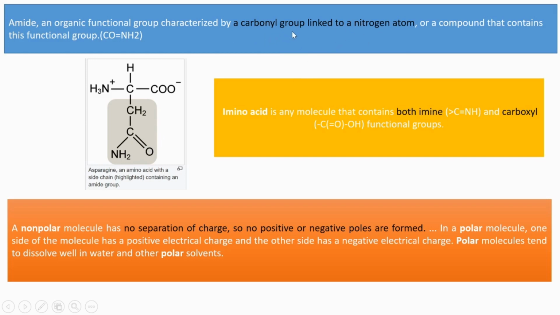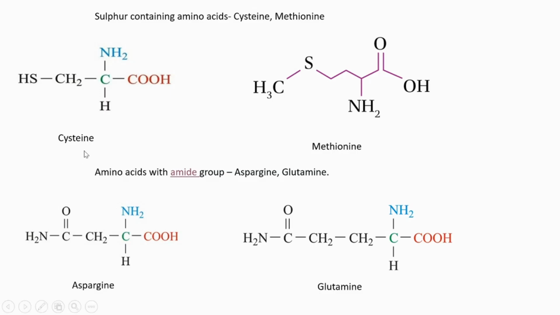Such type of group is called an amide group, and those amino acids that have an amide group come under this classification. Examples are asparagine and glutamine. Here we can see that amide group. In this structure also we can see that amide group.